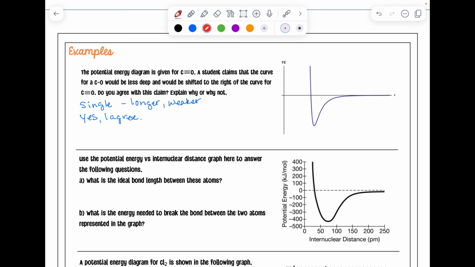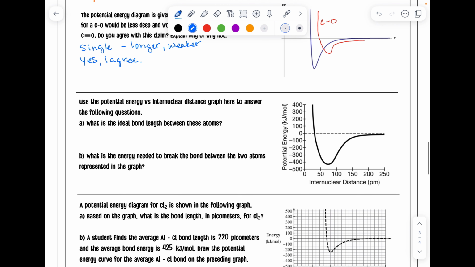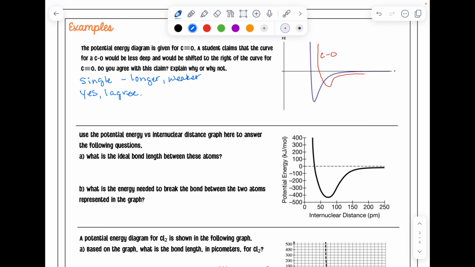So it would look like longer and shorter, and then we would bring that line up here, and that would be my carbon bond. And you could state again that a single bond is longer with less bond energy than a triple bond.